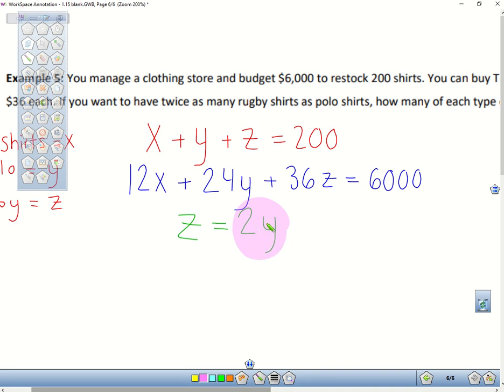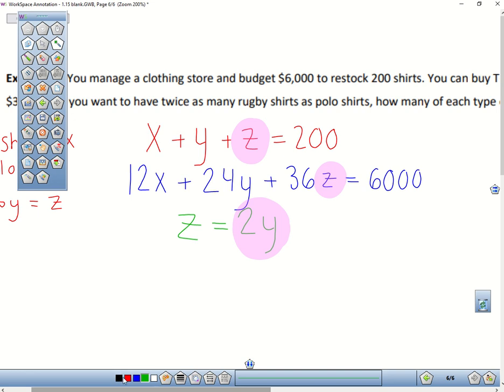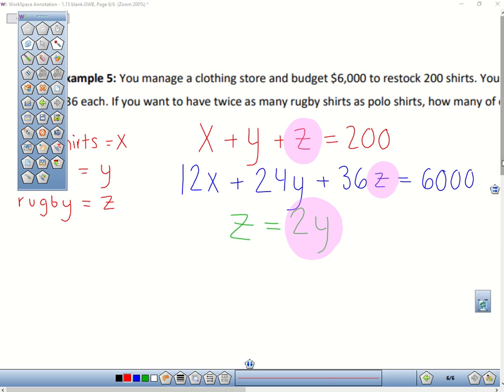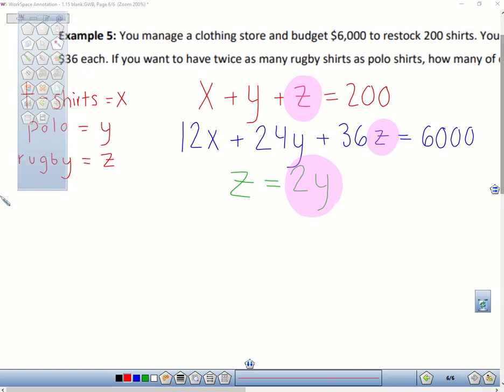So I'm going to suggest that we plug in 2y every time z occurs in the other two equations. So I'm going to plug in 2y into those other two equations where I highlighted in the pink. I'm lagging really bad right now. I gotta let it catch up. So I'm gonna replace my z with 2y.